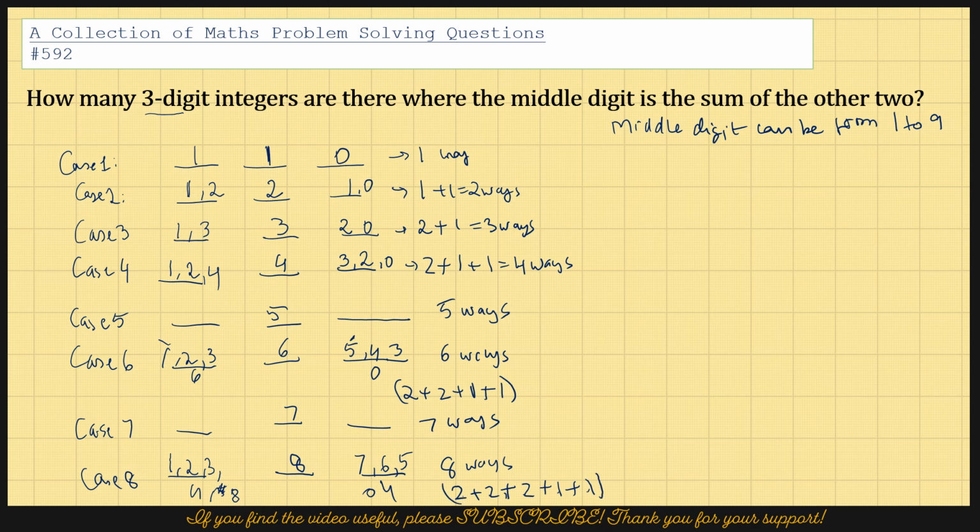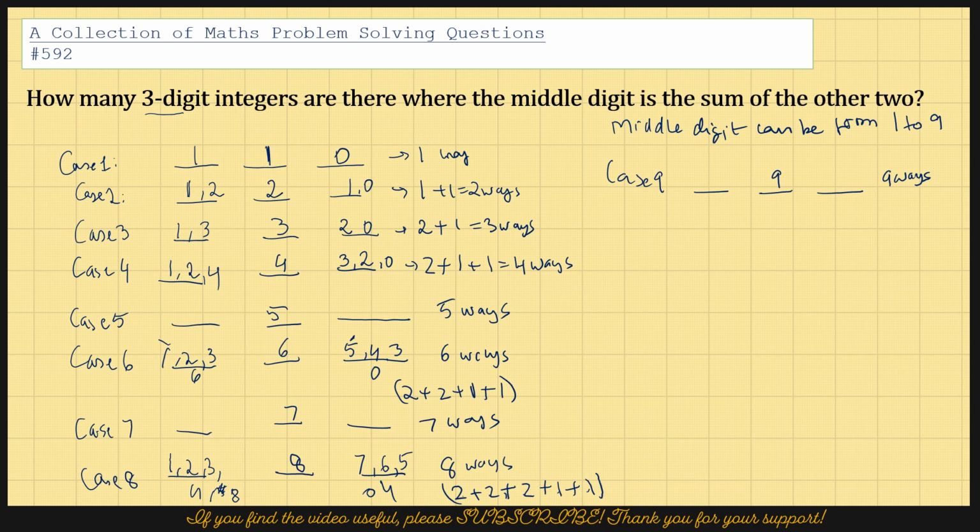And then the final one, case 9, with a 9 in the middle, can be done in 9 ways.